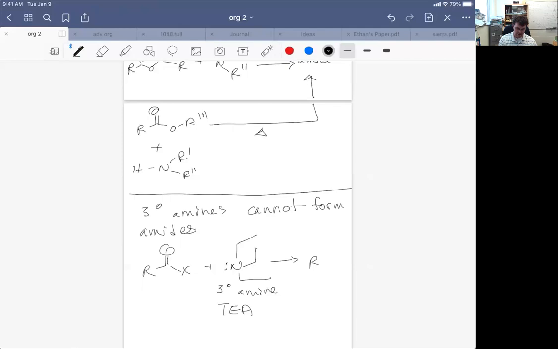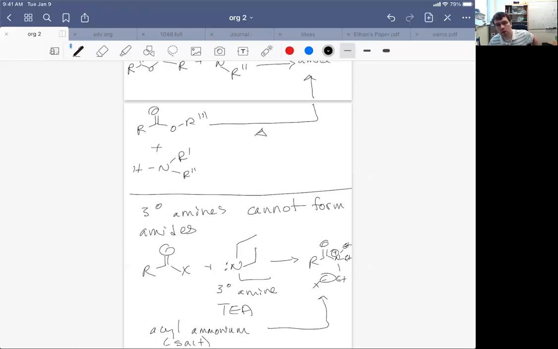You don't form an amide, instead you form an acyl ammonium species. Three ethyl groups attached, plus here with an X minus. So that's an acyl ammonium. Usually it is a salt of sorts, if it's stable at all. So the point is we can't use tertiary amines to make our amides from something with a good electrophile.